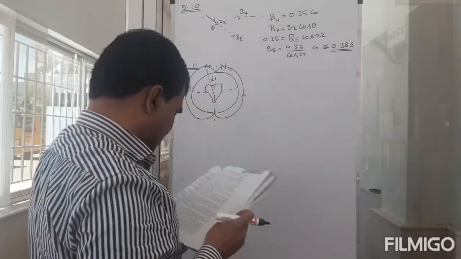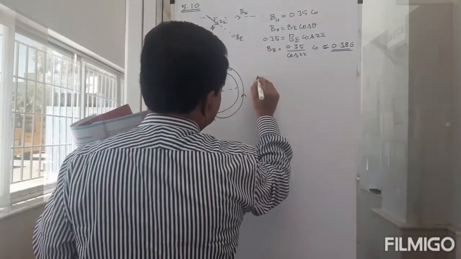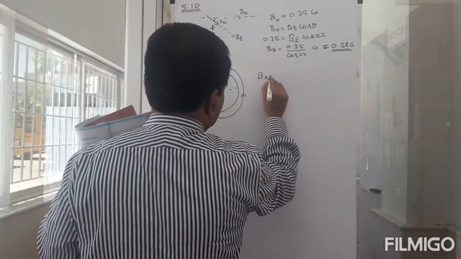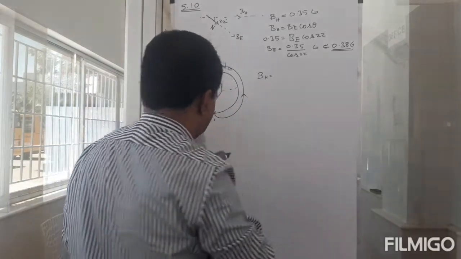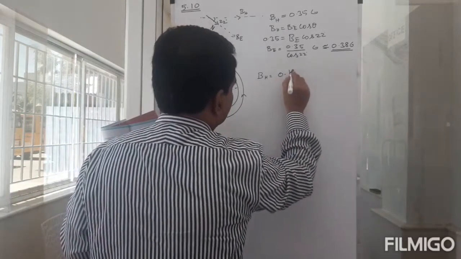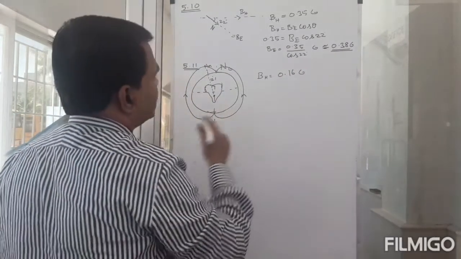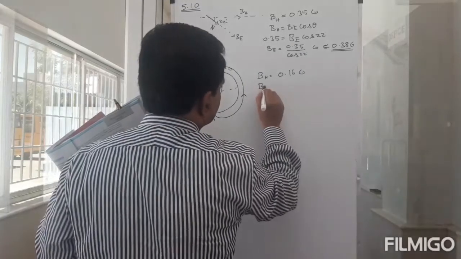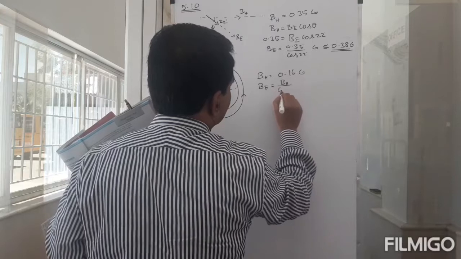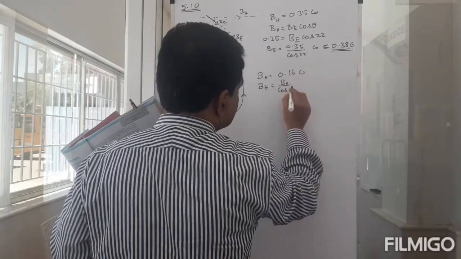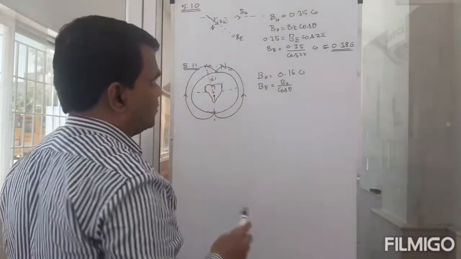From this, what you can do: the horizontal component of the field at that point in Africa is given to be 0.16 Gauss. And what do you know? You know that BE is equal to BH by cos theta. This is the dip angle. Right? So now its dip is up anyway.